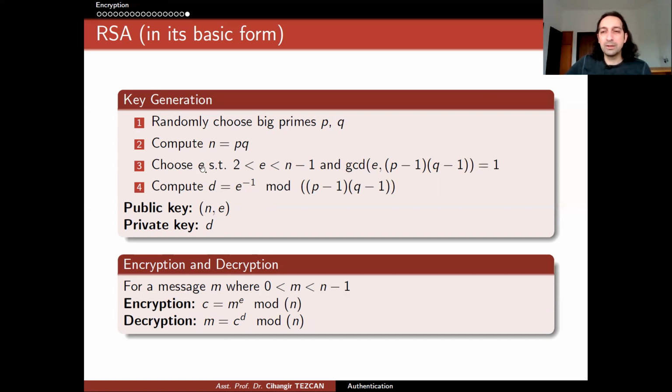But if you choose E equals 1, this is what happens. When somebody wants to send you a message, they take their message M and calculate the E-th power of it, which is 1. The first power of every number is itself. So there is no encryption here, C equals M. And when you receive this C, your D is also 1. You calculate the first power of it again with no reason, and you still have the message.